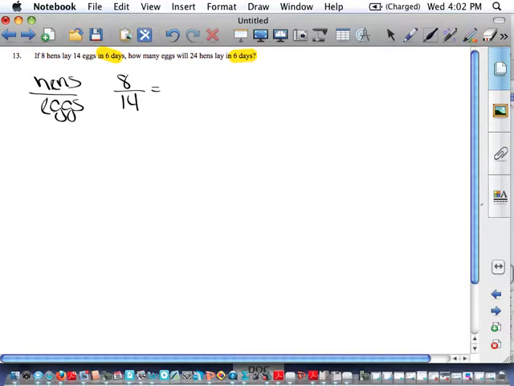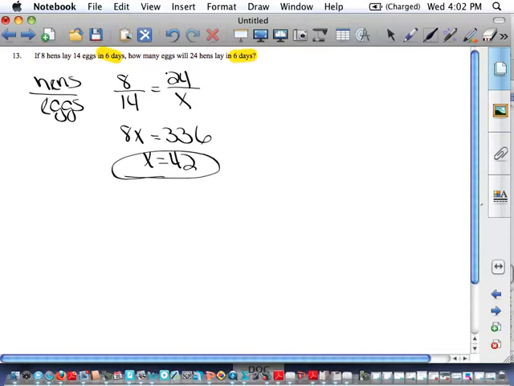How many eggs will 24 hens lay in 6 days? So 8 hens to 14 eggs, 24 hens to X eggs. Cross multiply, you get 8x is equal to 336, so x is equal to 42. So 42 eggs by 24 hens in 6 days.